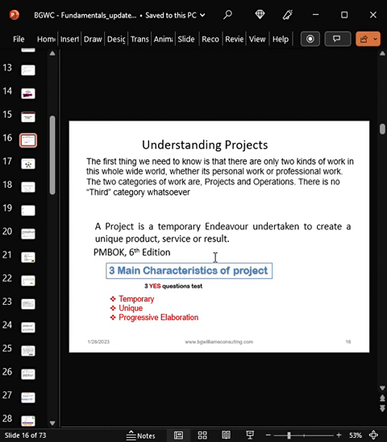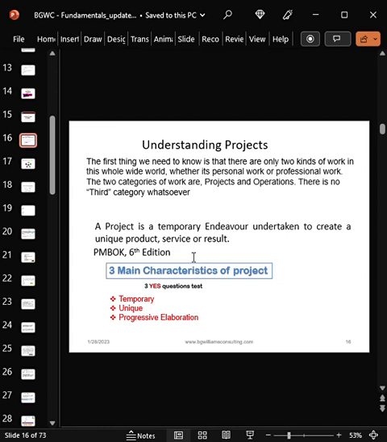Every project has a time it will start and a time it will finish. So we can refer to that as a temporary endeavor. When we use the word temporary in this PMBOK definition of a project, it did not mean the duration.